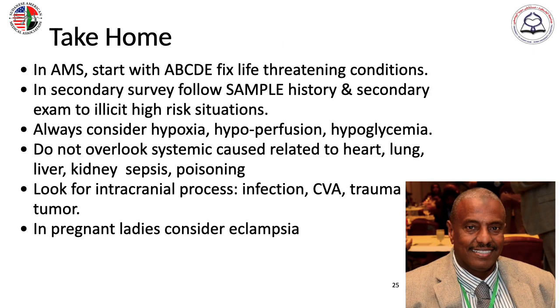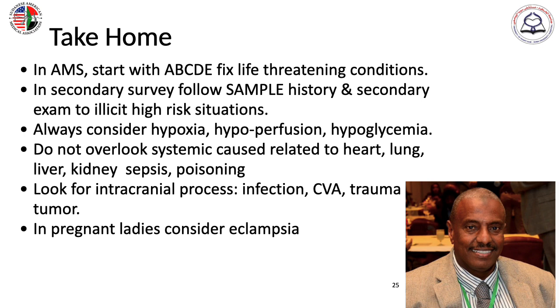So the take-home: in altered mental status, start with ABCDE. Fix any life-threatening condition. In the secondary survey, follow the SAMPLE history and secondary exam to elicit high-risk situations. Always consider hypoxia, hypoperfusion, hypoglycemia.